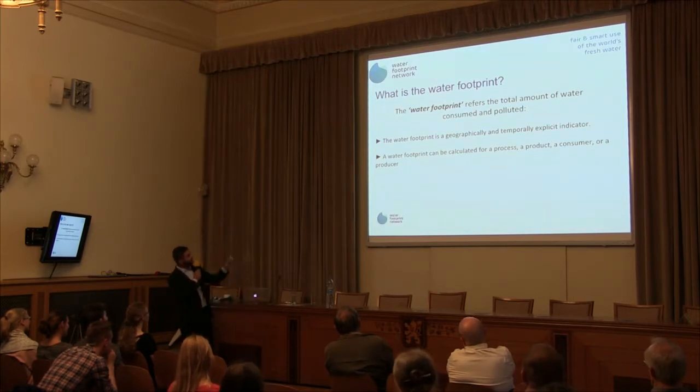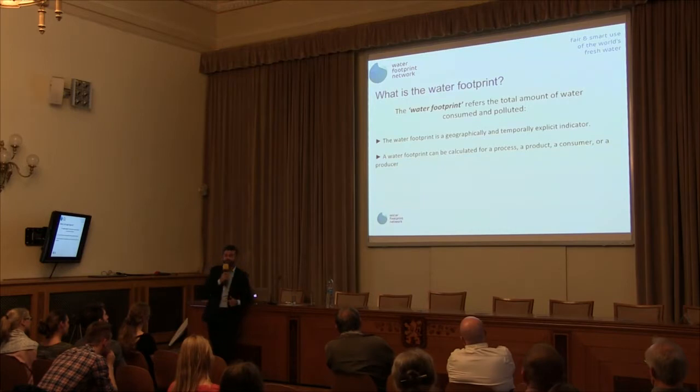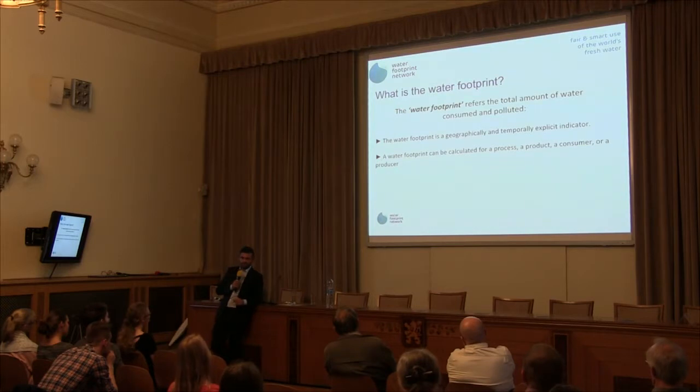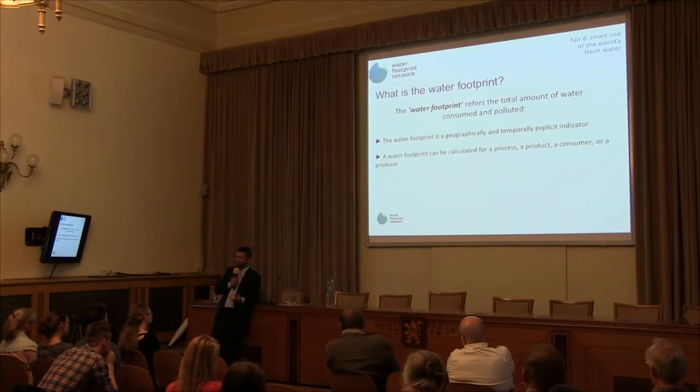And the second is that it is geographically and temporally explicit. What does it mean? What do you understand from this? We always talk about one dimension of water, which is the volume. Actually, water has 3 dimensions: volume, space, and time.